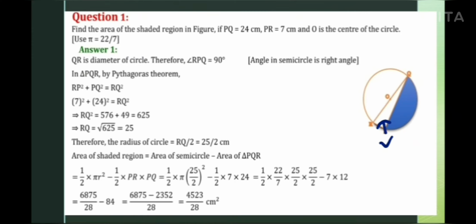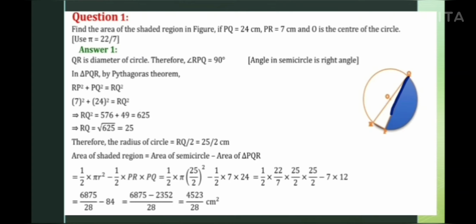Now, if you look at the diagram, it is given that the radius of the smaller circle is 7 centimeter, so you can say OP is equal to OD is equal to 7 centimeter, and OA is equal to OC, that is the radius of the bigger circle, is equal to 14 centimeter.